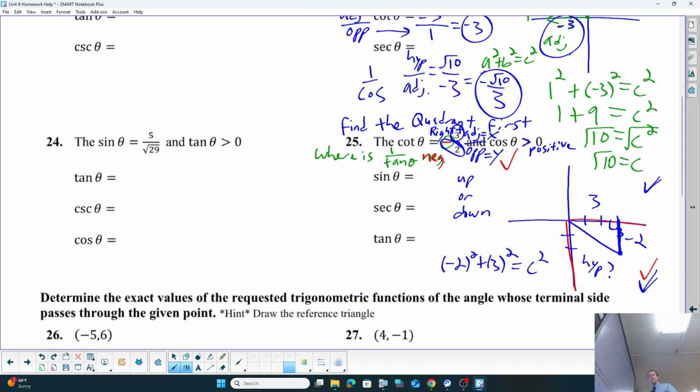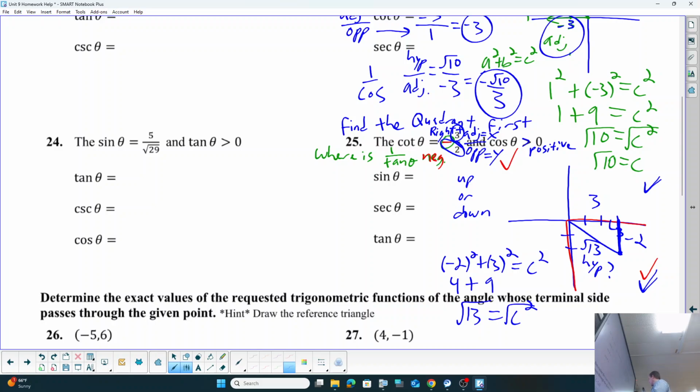Now, sometimes you might have to solve for a squared or b. Just be aware of that. Hypotenuse minus the side, squared. Okay, this one's going to be 4 plus 9, and that's going to be 13. So that's c squared. And then we're going to square root both sides. So the hypotenuse is the square root of 13.